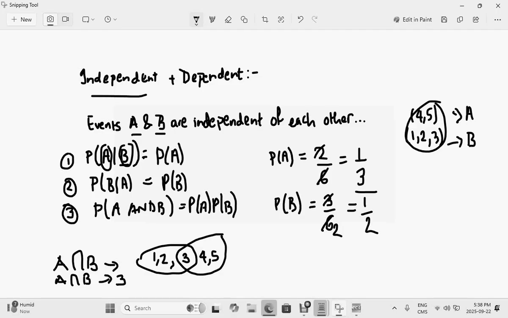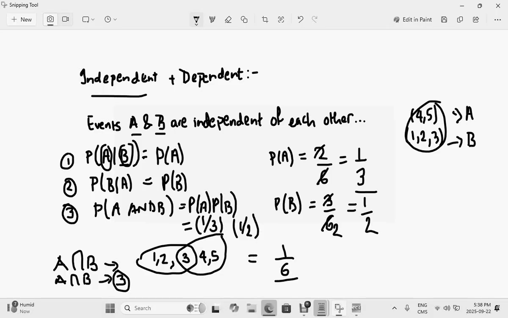So P(A and B) equals P(A), which is 1/3. This is an example, this could be another number. So 1/3 into 1/2, all right, so this is equal to 1/6, for example.